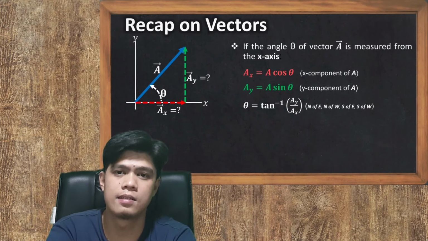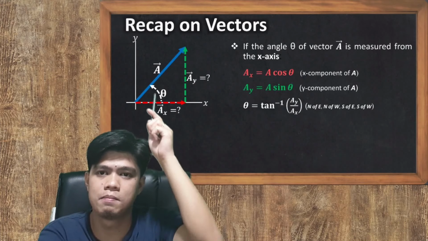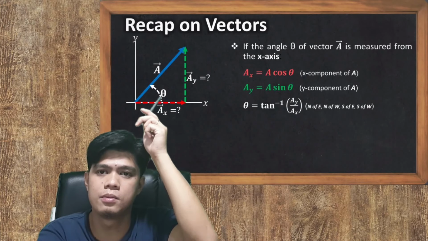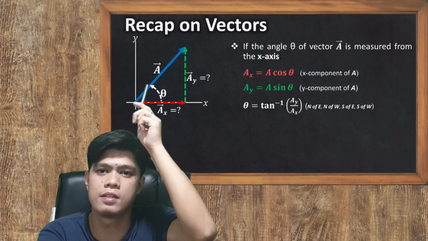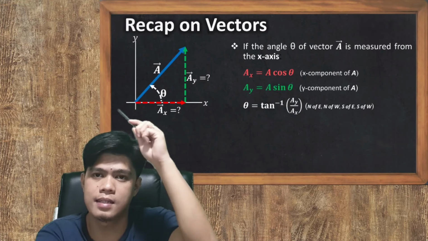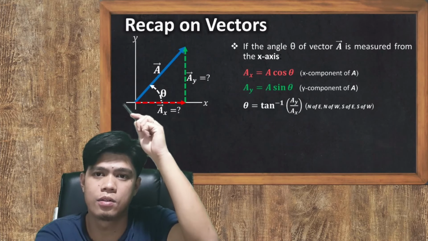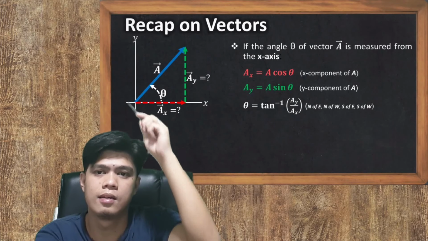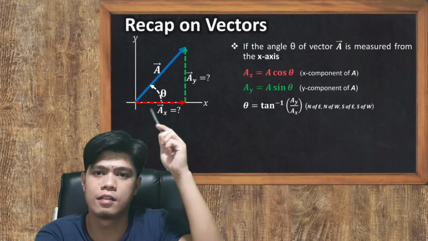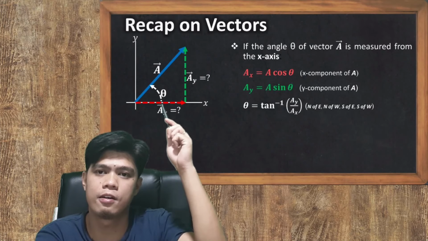That is north of east, meaning from east moving to north, so the first quadrant is north of east, and the second quadrant is north of west. In the third quadrant, south of west, and the fourth quadrant is south of east.